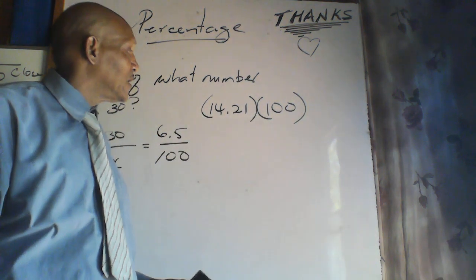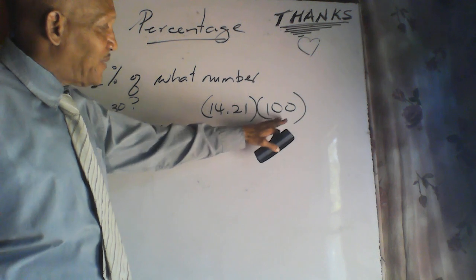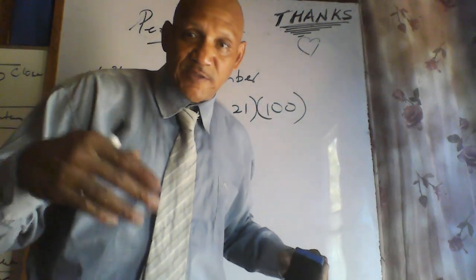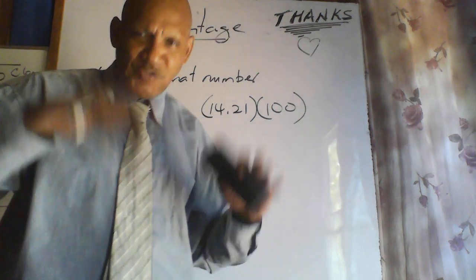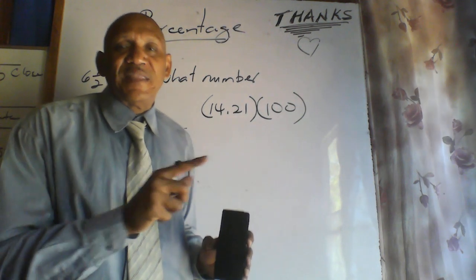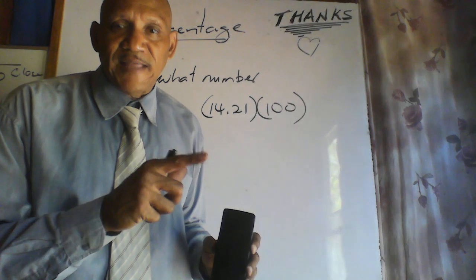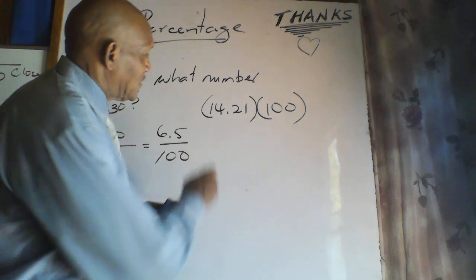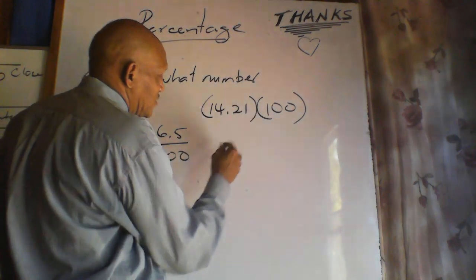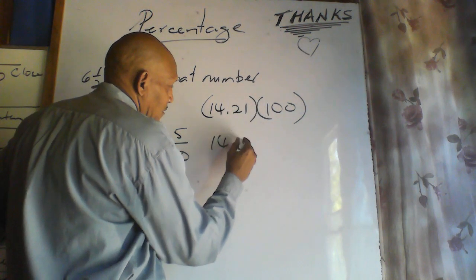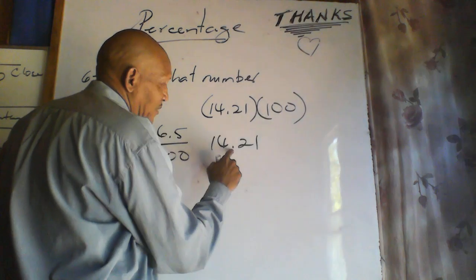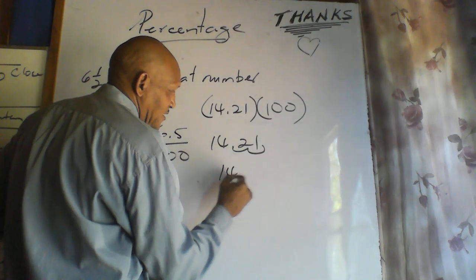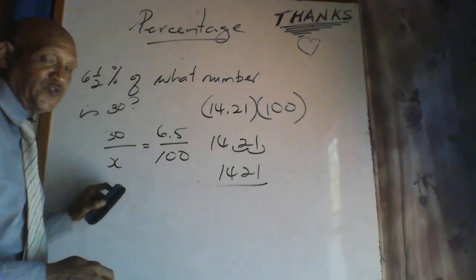Remember, when I'm multiplying by increments of 10, 100, 1,000, 10,000, 100,000, and so on, however many zeros you have, that's how many places you move the decimal. So 14.21 times 100, I move the decimal place 2 places. 1, 2. So my answer is 1421.